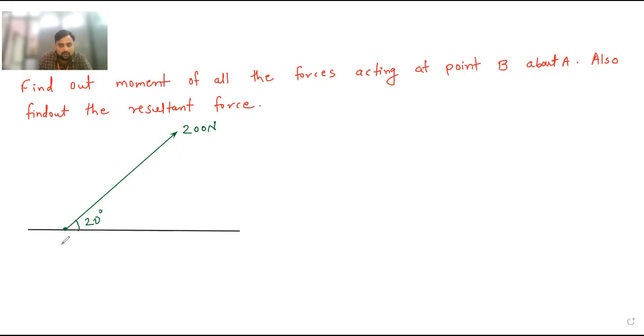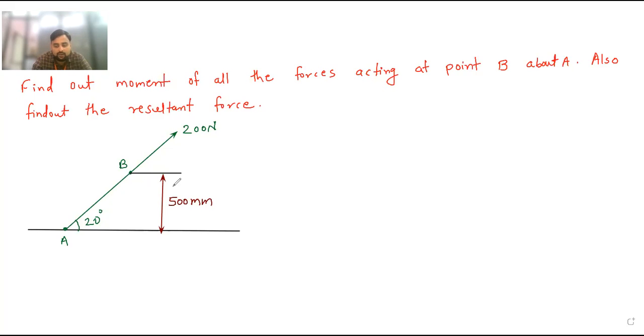Here it is point A. And here somewhere there is point B. And it is like this. The distance between these two is given as 500 mm.